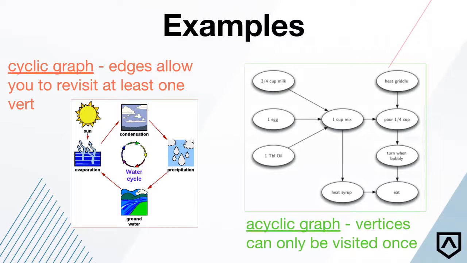If you do them multiple times, things are not going to end up well. So like if I am making pancakes, I do not want to repeatedly heat the syrup, or I don't want to repeatedly add eggs but not more milk, things like that. So I have states, I have nodes that I only want to visit one time.